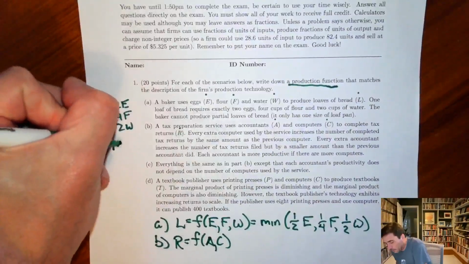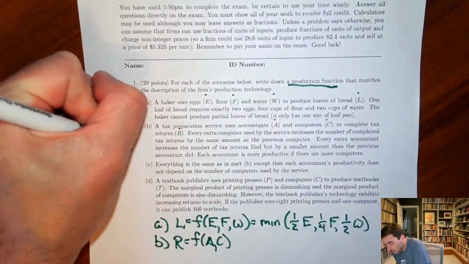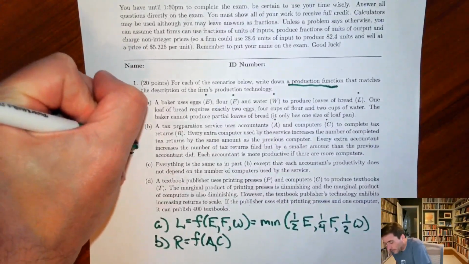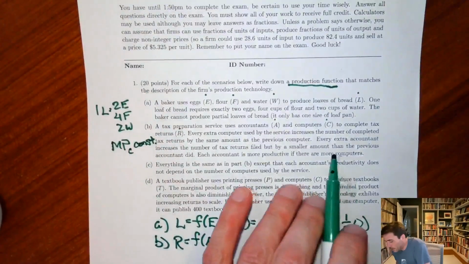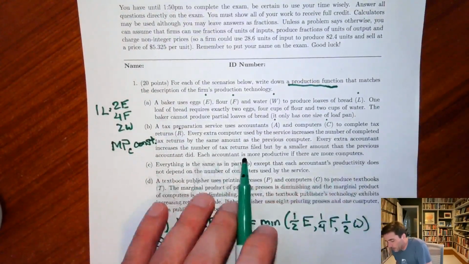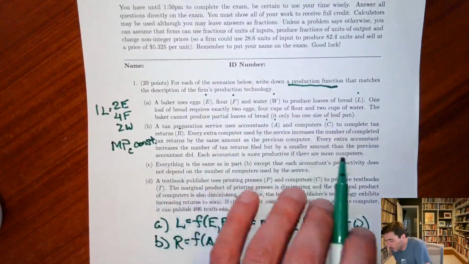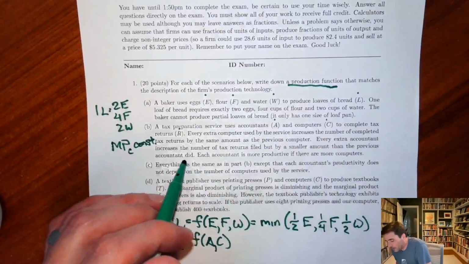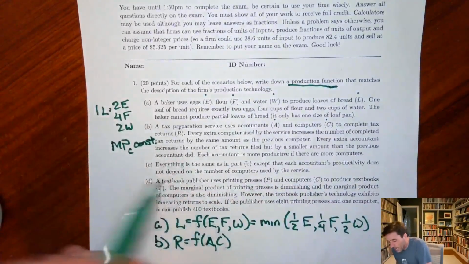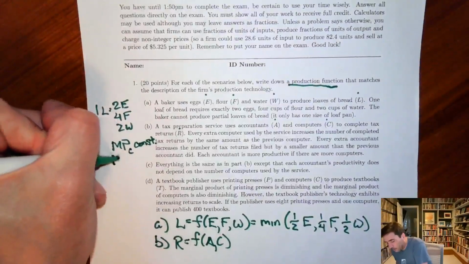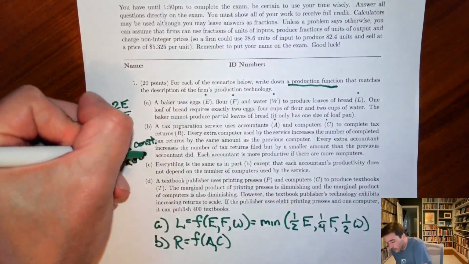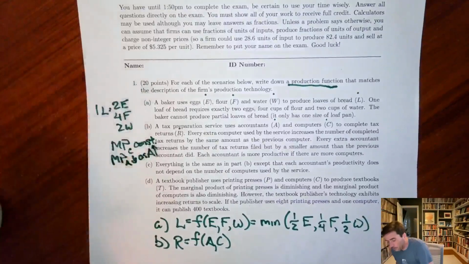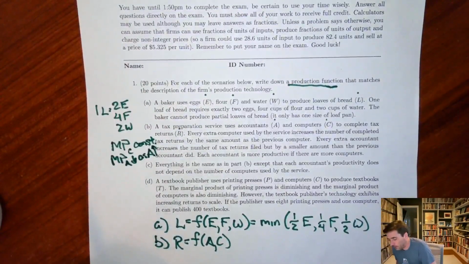That tells me that the marginal product of a computer is constant. So I'm just going to keep track of that. Every extra accountant increases the number of tax returns filed, but by a smaller amount than the previous accountant did. Okay, so that is telling me that the marginal product of an accountant is going down as A goes up, right? Each additional accountant is producing less than the previous one.